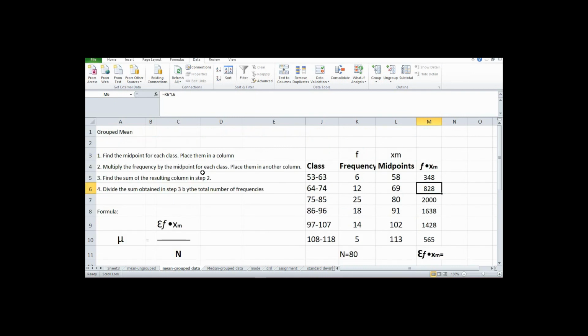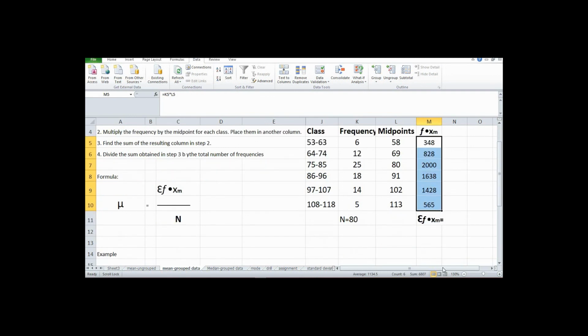Now I have the value: multiply the frequency by the midpoint for each class and place them in another column. So I have now the value for f times xm or midpoint. So what we should do next is, of course, summation. We need to add all this data.